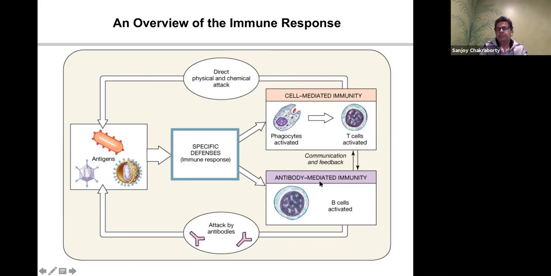And we call the other antibody-mediated defense, or, in some books, humoral immunity. Humor means liquid, so that's where the antibody is involved. One is cell-mediated, done by T cells, and one is antibody-mediated, done by B cells.